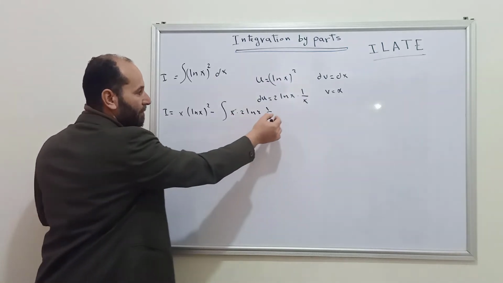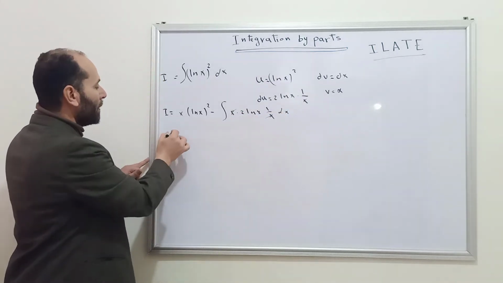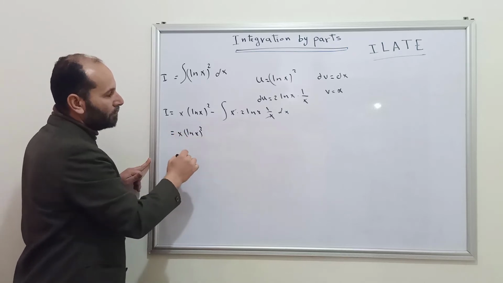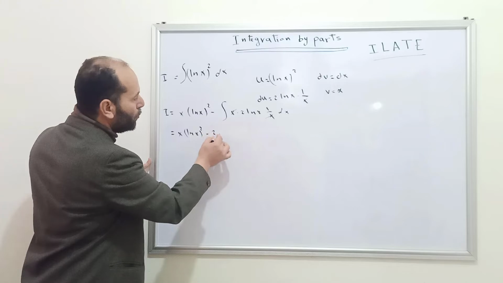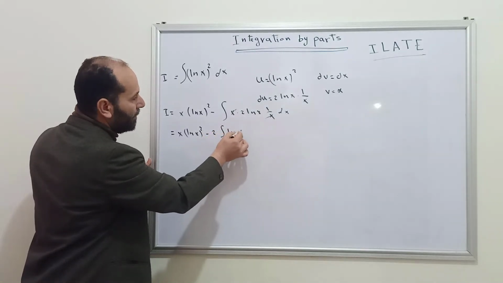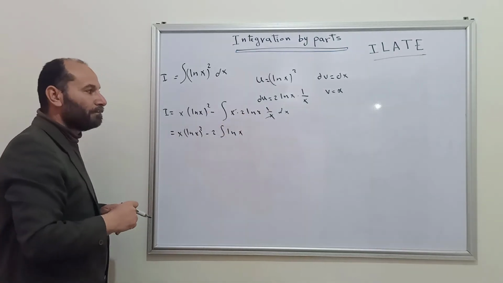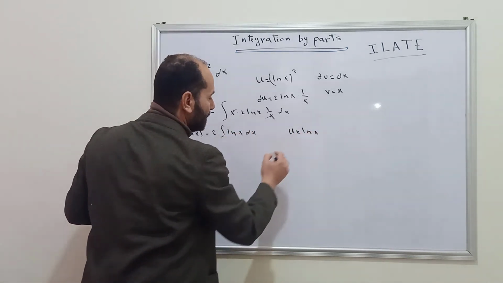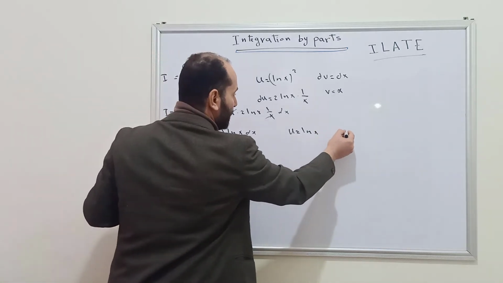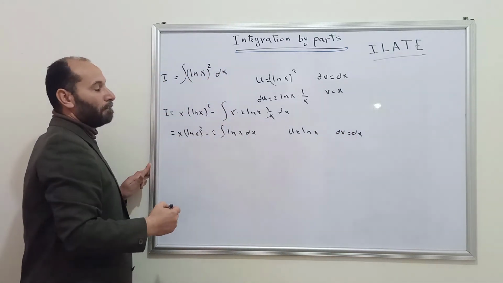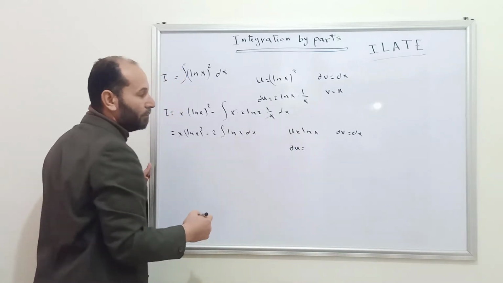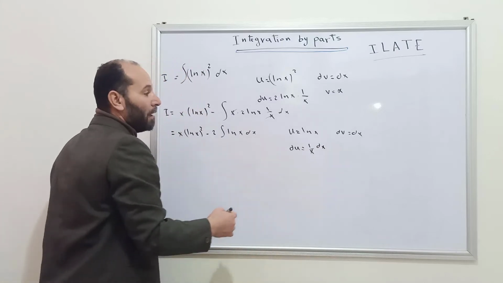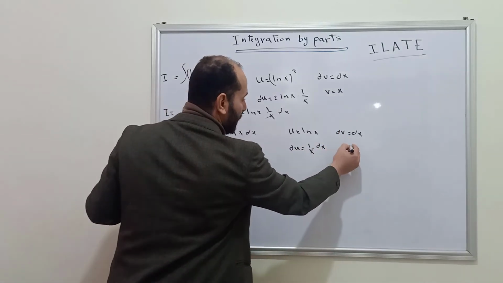Omitting the x here, it's x (ln x) whole power 2 minus 2 integration ln x dx. For this, u equals ln x, dv equals dx, du equals 1 over x dx, and v equals x.